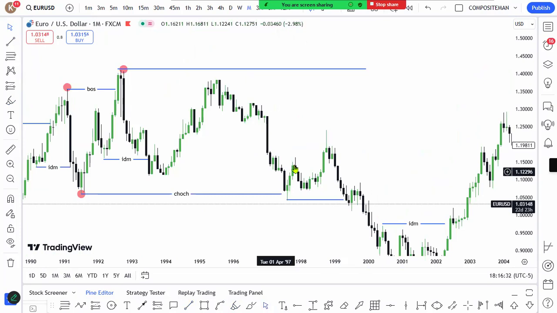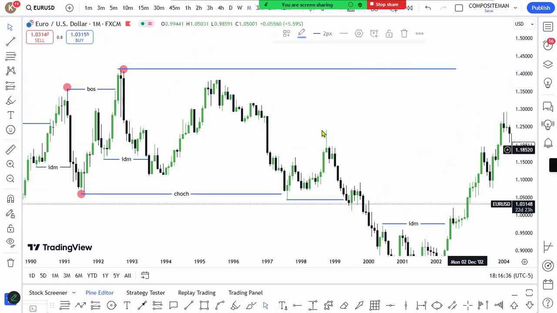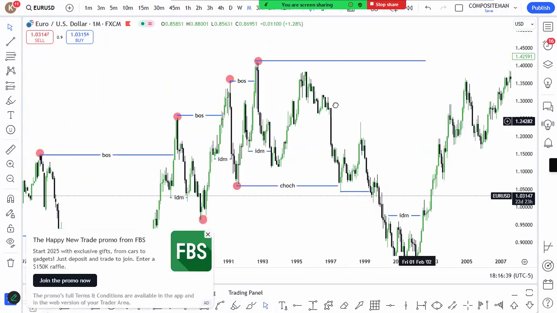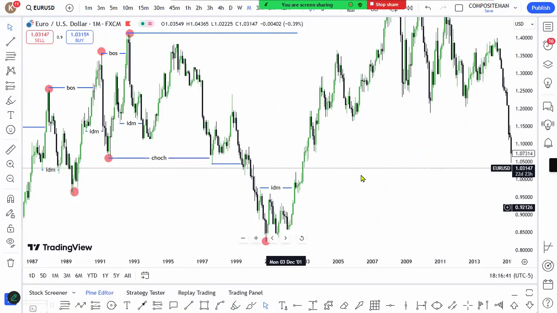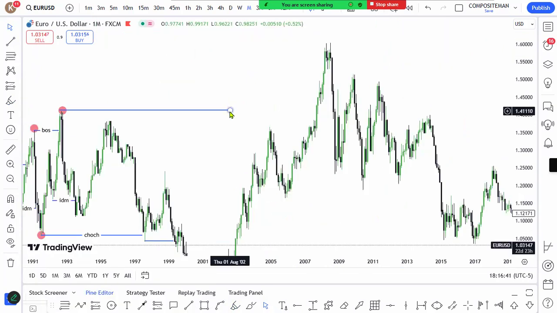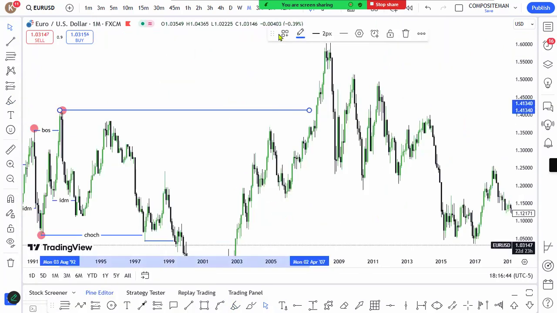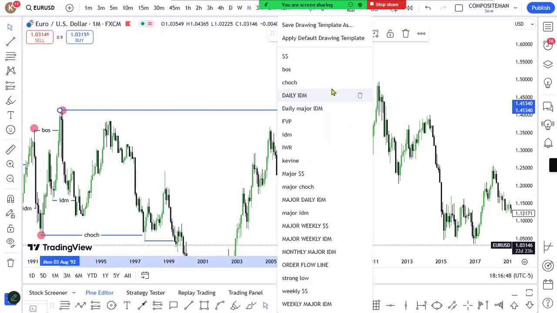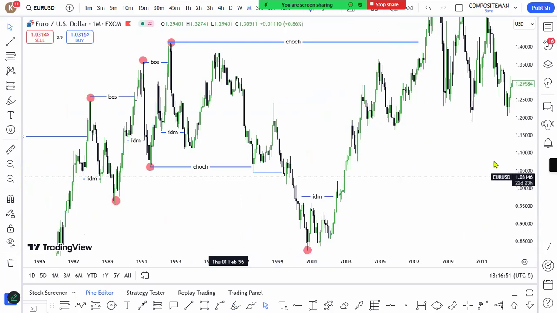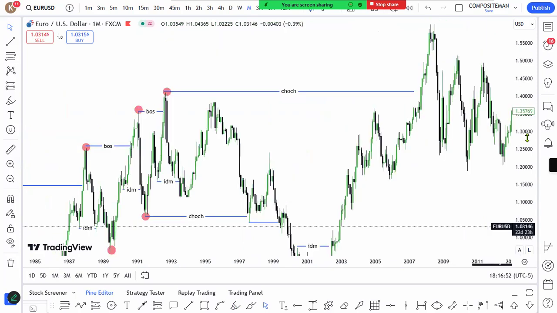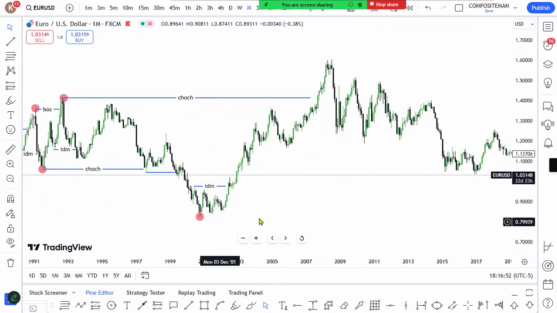So I'll not want to see this market closing above that zone. So we do here, let's see, it closed above the zone, and this means that now we have a change of structure, and we are very bullish in this market structure, and this is the lowest point we have.